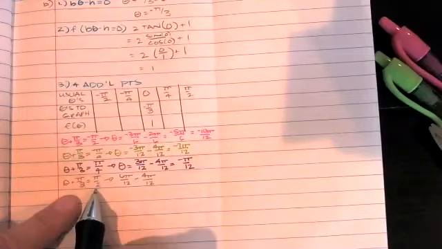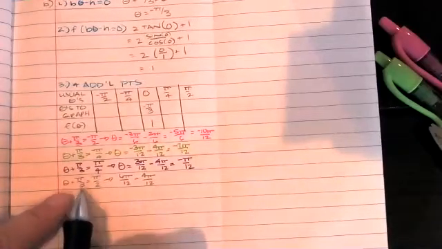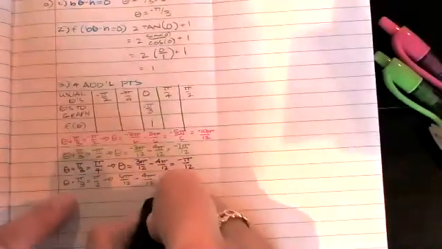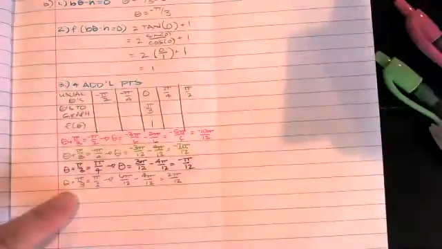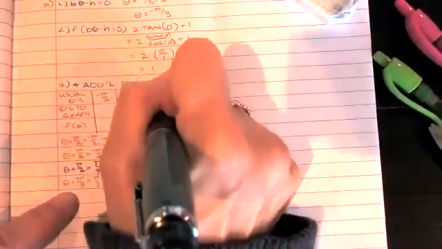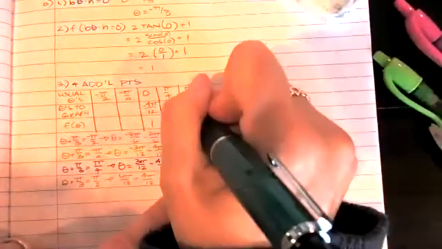So 6 over 12, and then this would be 4 over 4. Yeah, okay. So we get 2 pi over 12. Okay, so this middle value, we want to make negative 4 pi over 12 because we had negative pi over 3. So negative 4 pi over 12 there. And this one was 2 pi over 12.